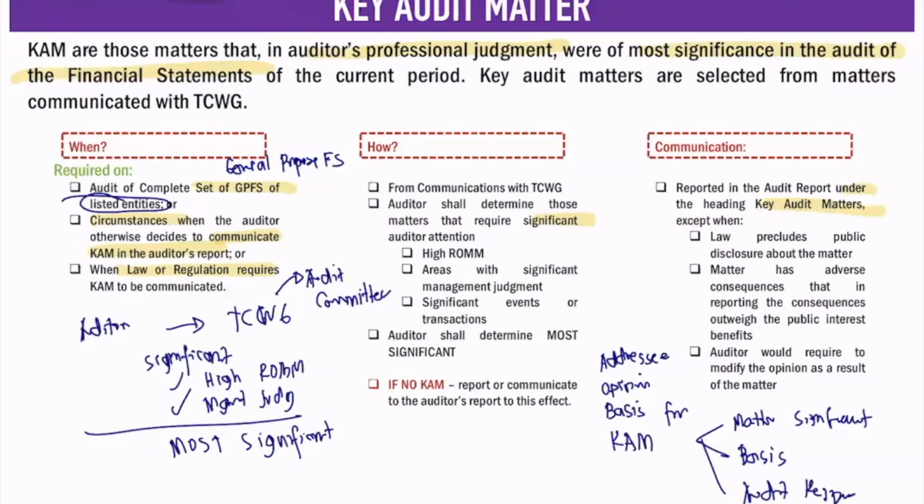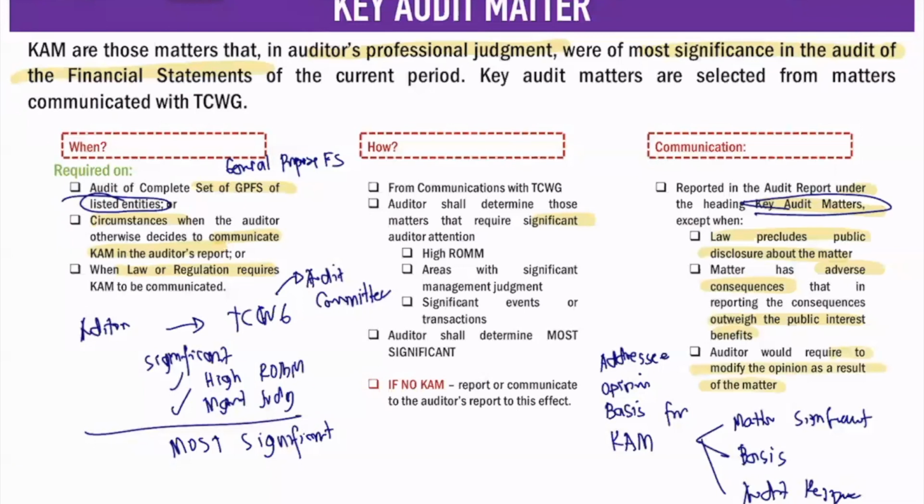Okay? So generally, you place a key audit matter paragraph, and that key audit matter normally is not presented if the law precludes public disclosure about the matter. Next, if the matter has adverse consequences that outweigh the public interest. And lastly, if the auditor would be required to modify the opinion as a result of the matter.